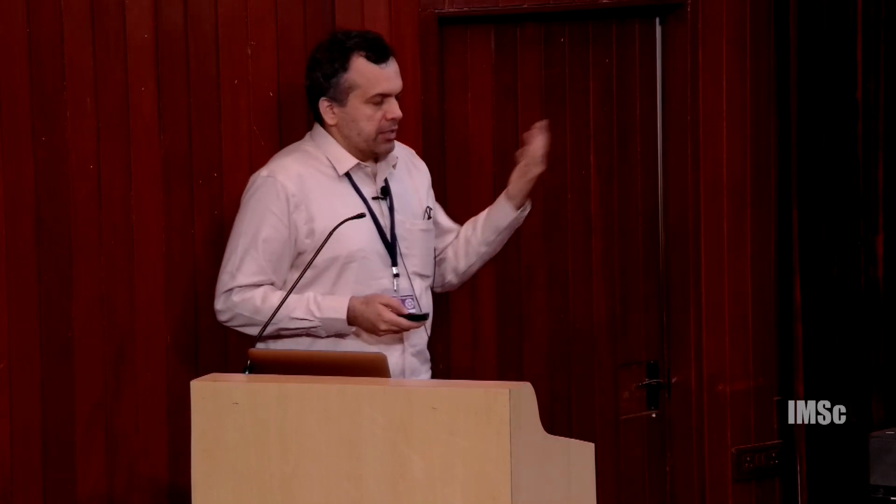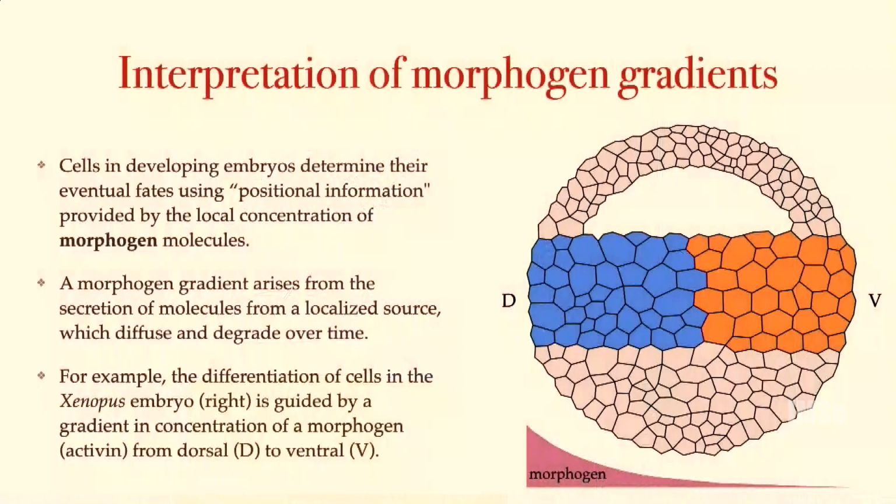So morphogens is the term that is given to these single molecules that provide this positional information to these cells. But there are all sorts of morphogen gradients that exist in these developing tissues, and they all have similar but different roles.